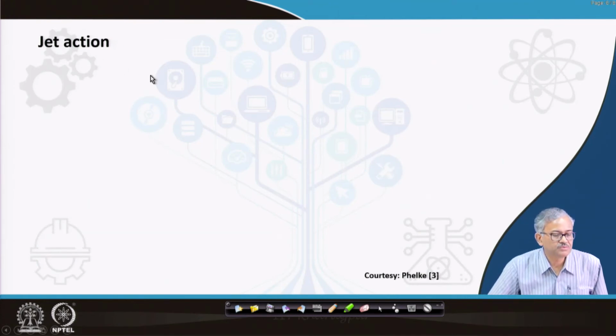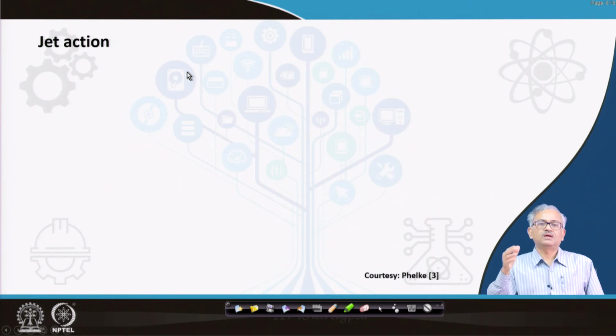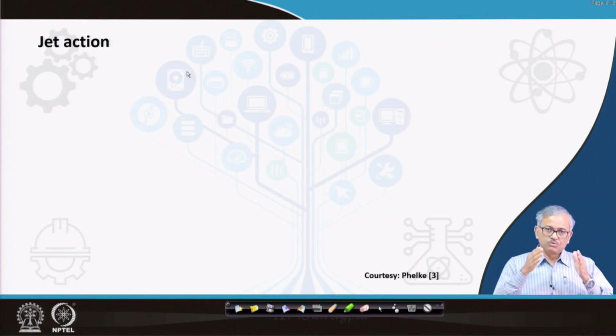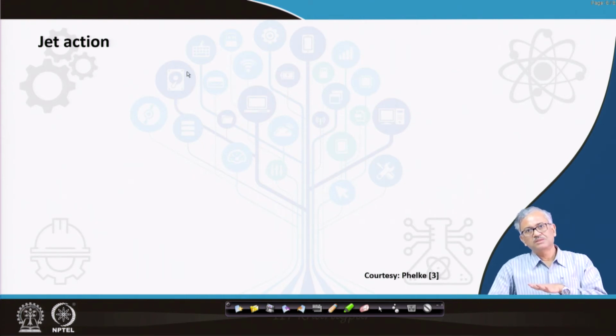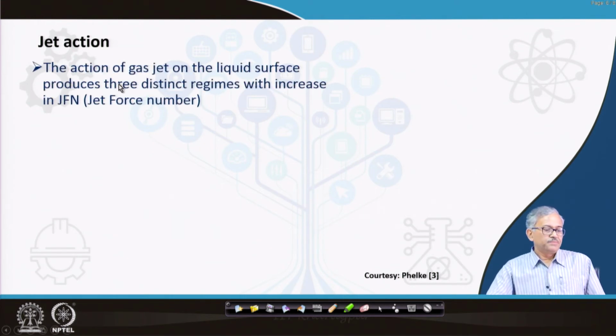Now, we have generated a supersonic jet, and then a supersonic core along with the subsonic core, finally it hits the bath and makes an impact. Okay. Now, we need to see that the action of the gas jet on the liquid surface produces 3 distinct regimes with increase in the JFN, the jet force number.